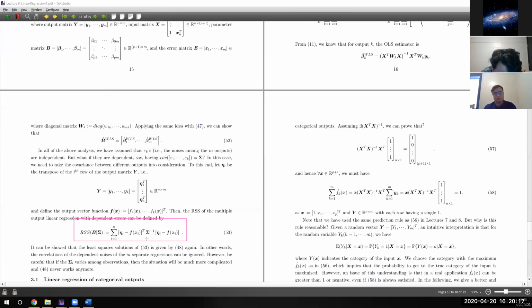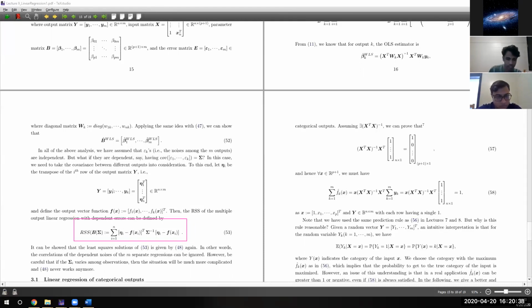So this shows you the covariance matrix, and this is what? This is nothing but the observation minus the estimated value. Be careful, eta_1 transpose is a row.